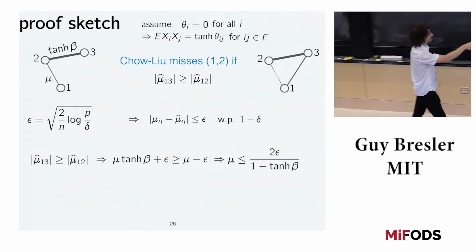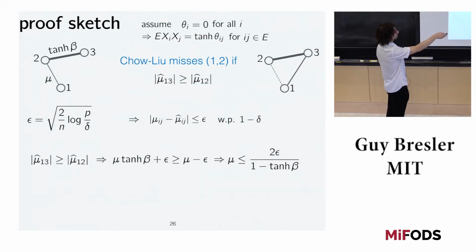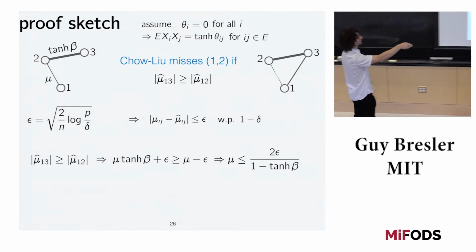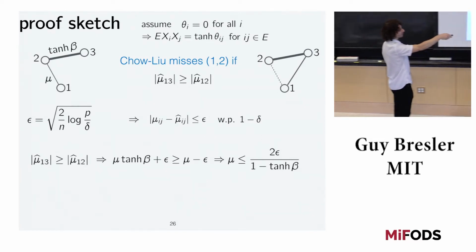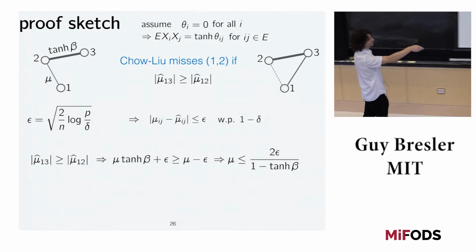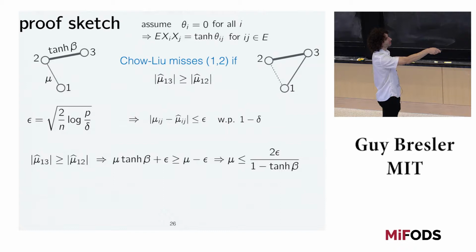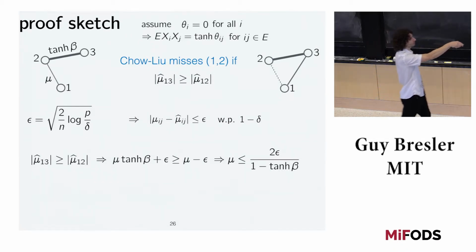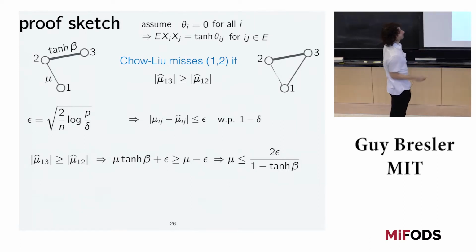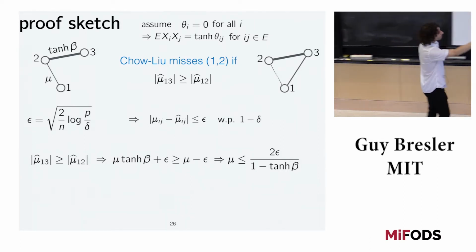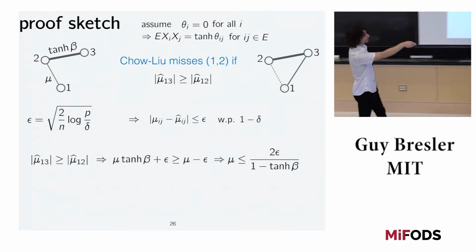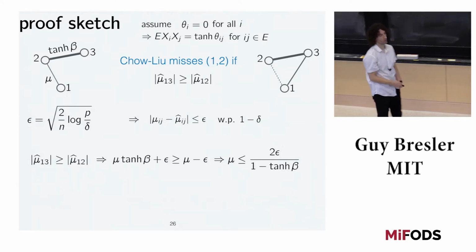That implies that mu times hyperbolic tangent of beta, that's the true mu 1,3, the product of the correlations across the edges, plus epsilon is at least mu minus epsilon, because this is mu 1,2, and the smallest that it could be, under this concentration event. And if we solve for mu, that tells us that mu is less than 2 epsilon over 1 minus tanh beta.